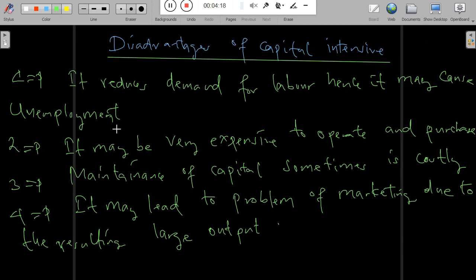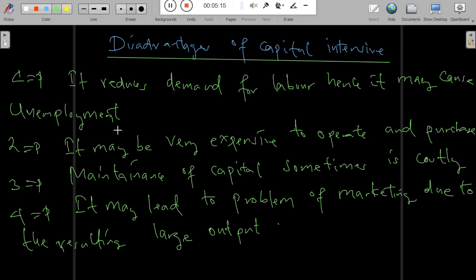Before we jump to another technique of production, let's talk about the disadvantages of capital-intensive production. It reduces demand for labor, hence it may cause unemployment, since most laborers will be laid off because of the replacement by capital.